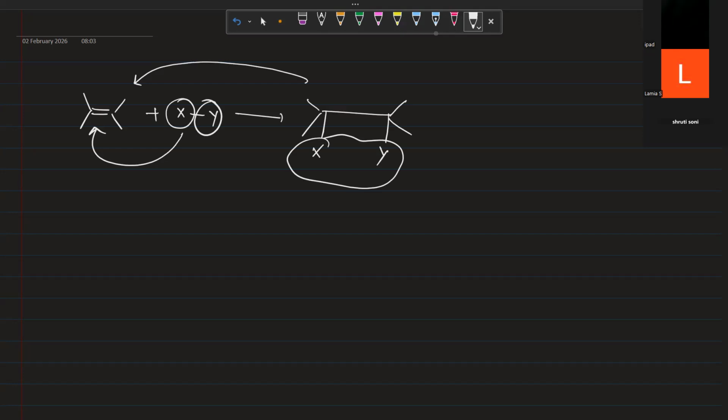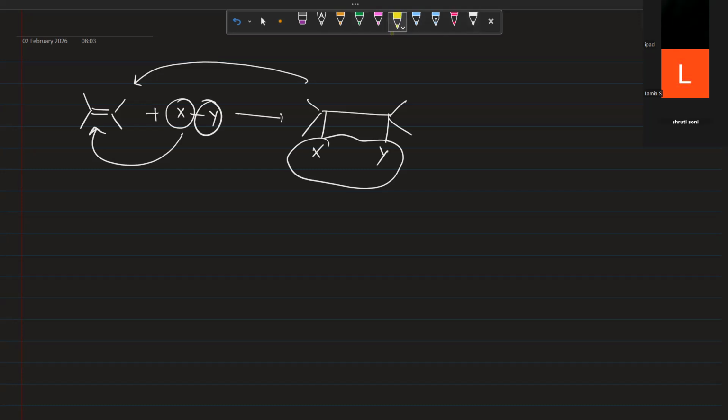Wait, let me write this down so I don't have issues later. So you have an alkene, and then you add X, Y, and it becomes another structure with X and Y in it.